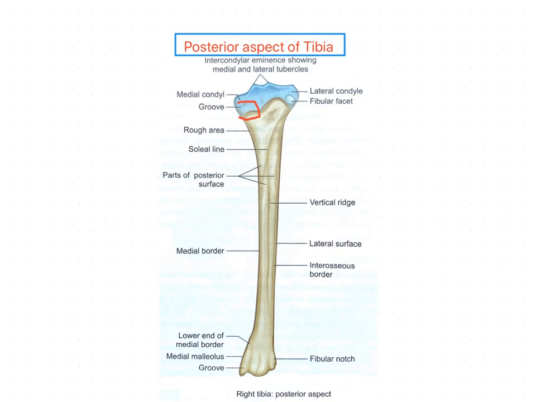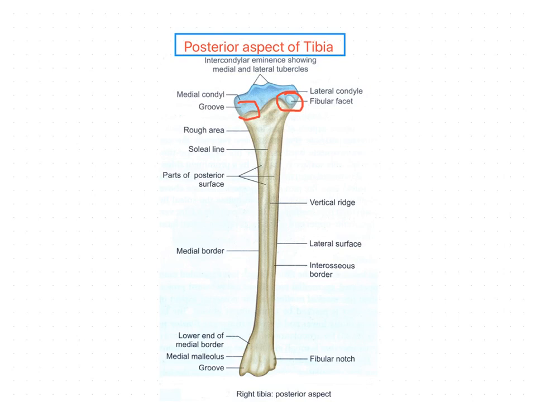So here you can find this is the fibular facet which can be seen on the posterolateral aspect. Here the facet is directed backwards, downwards and laterally. So these are the features we can see on the posterior aspect of the tibia.